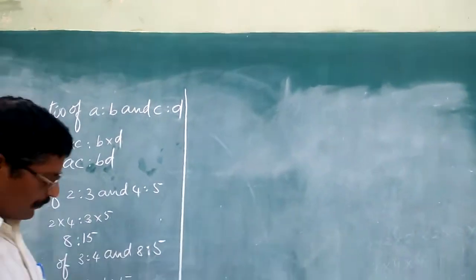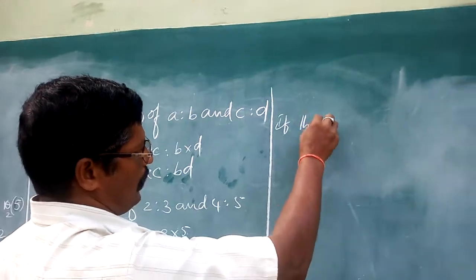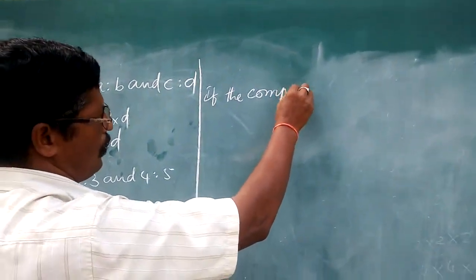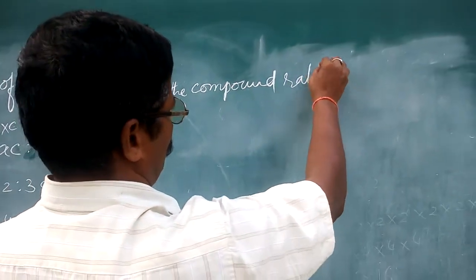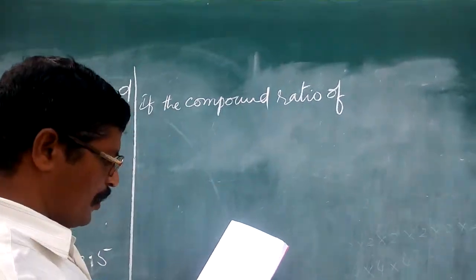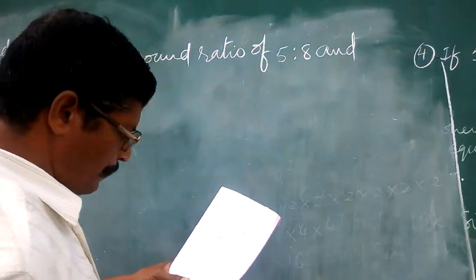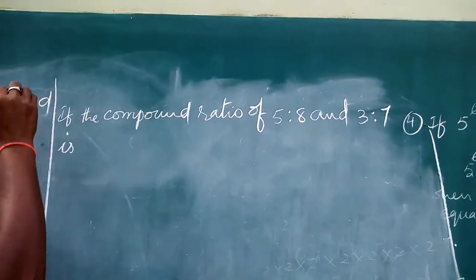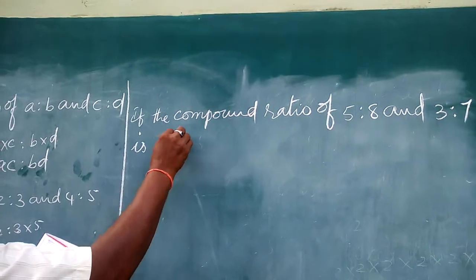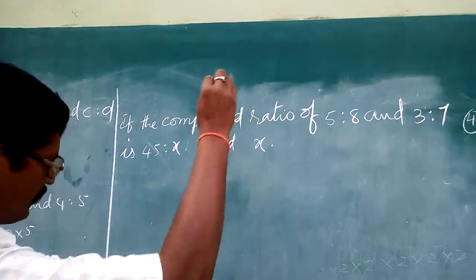Okay. Again, some more problems are there. First one. If the compound ratio of 5:8 and 3:7 is 45:x, find x.